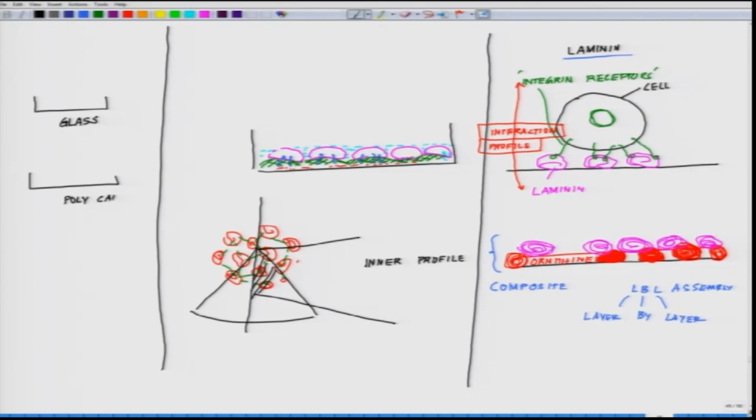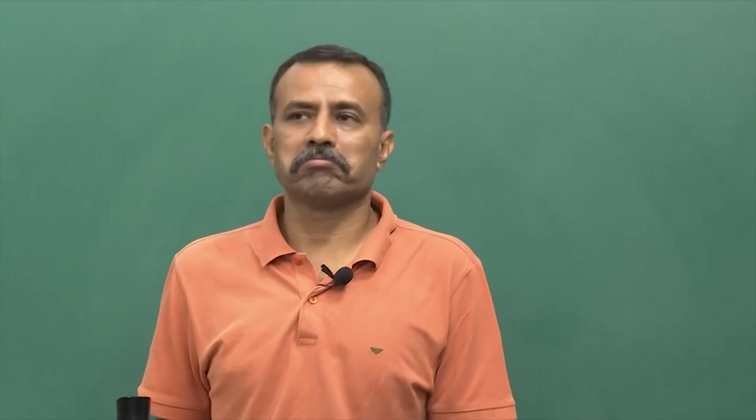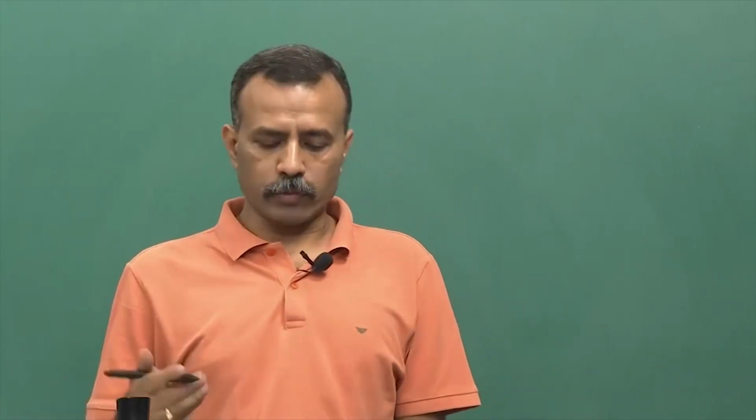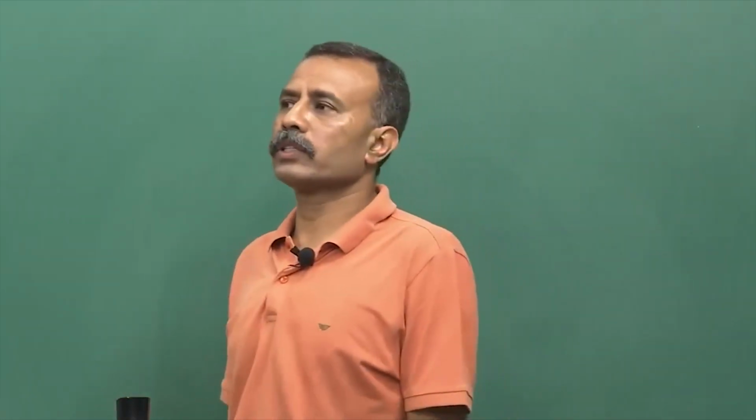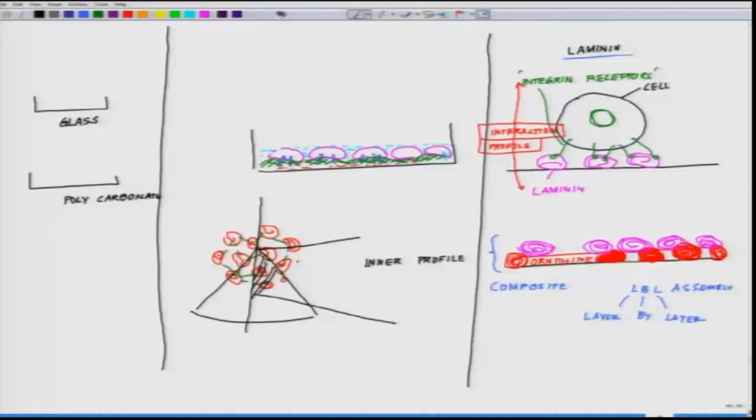If you are using polycarbonate, which is sterile polycarbonate 35 mm or 90 mm or 60 mm dishes which come ready, you do not have much of an option on that. You just have to coat it with your XYZ protein if you are using ornithine laminin. And most of the time, the way cell cultures are done, we try to grow the cells on glass cover slips, and we place the glass cover slips in the dish directly.